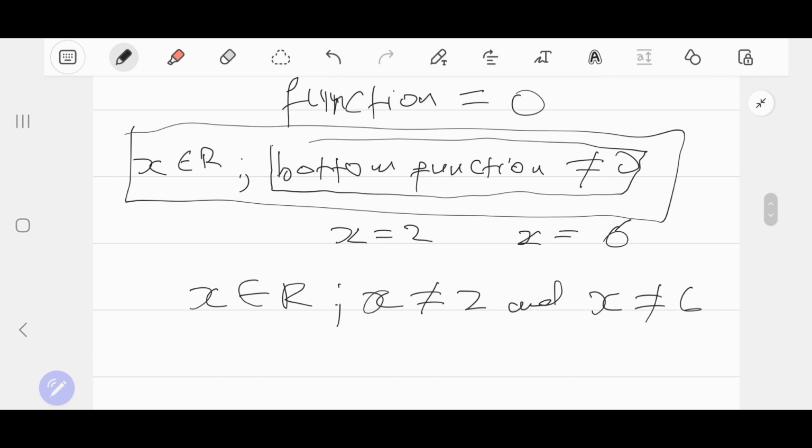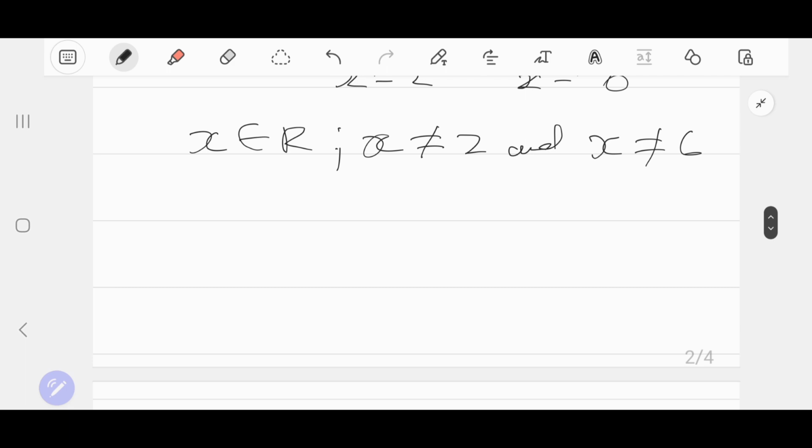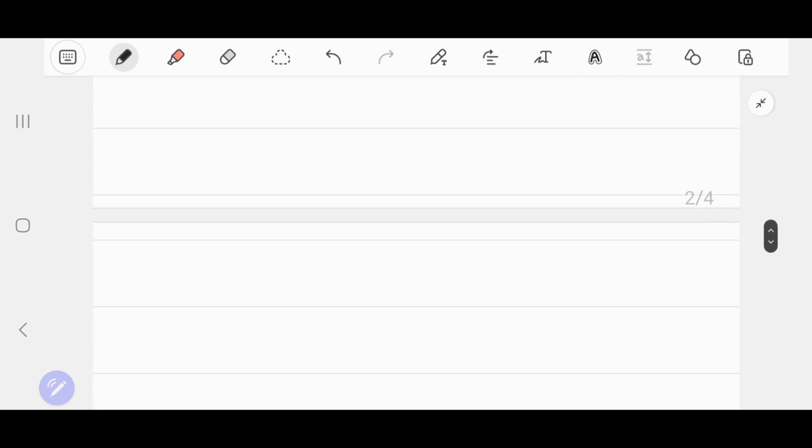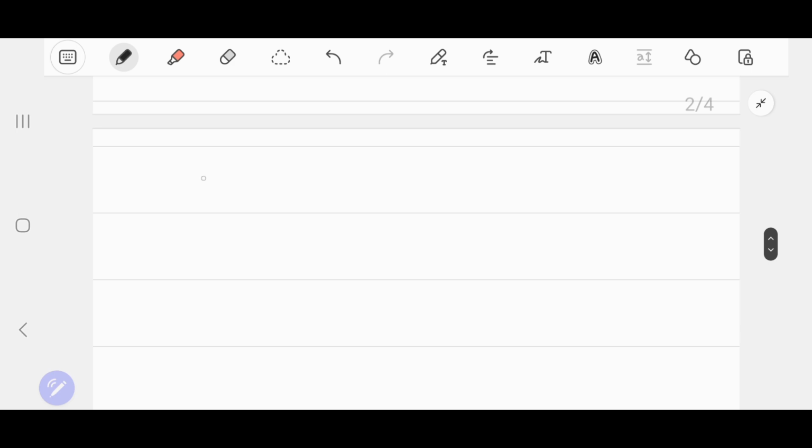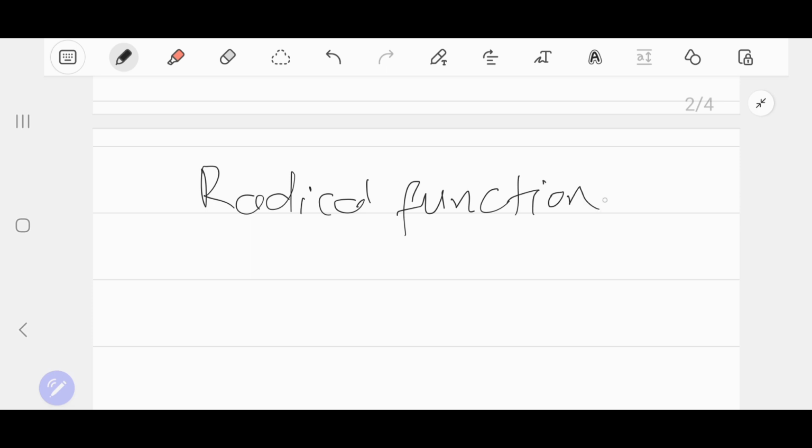So the next function, people, that we are going to look at will be radical functions. So radicals, people, these are root functions. I'm putting this because these are root functions.